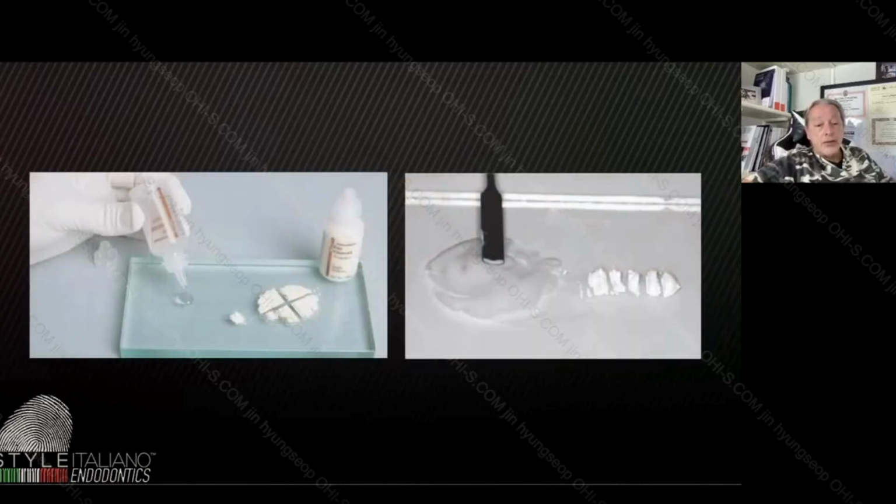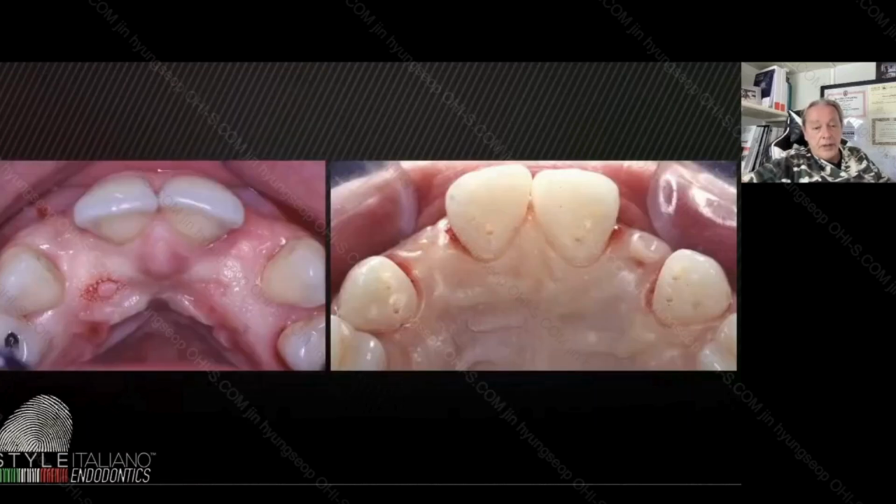We had another problem too, not only the materials of the restoration, as I previously said, but also the cement that was used for the cementation of these devices. The cementation was performed using very rigid materials that didn't have any adhesive property.